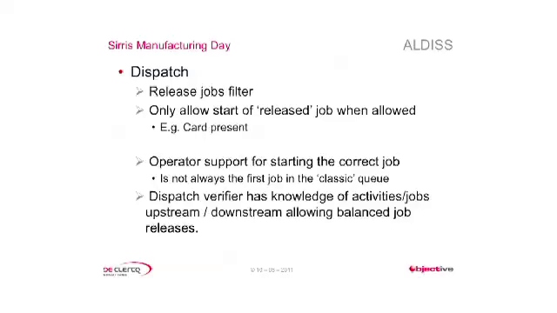But the operator can see what are the jobs in his queue, but not necessarily is the next job in the queue already available to be started. That's how the system will be able to handle this. So the dispatcher will have knowledge of activities, jobs, upstream, downstream, allowing balanced job releases, which is the basis for all these kinds of new technologies and systems.